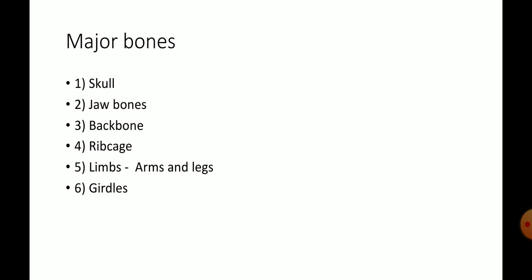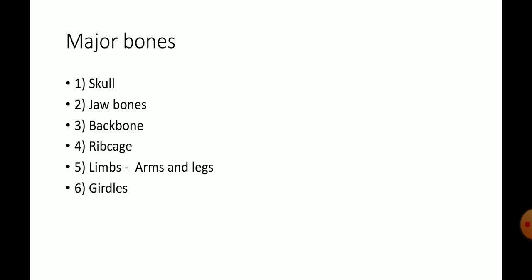The following are the major bones in our body: skull, jaw bones, backbone, rib cage, limbs, arms and legs, girdles. These are the important bones in our body. So today let's learn more about the major bones in our body.